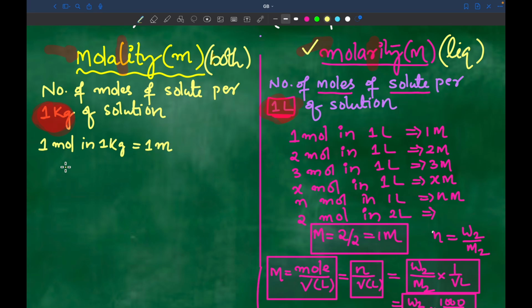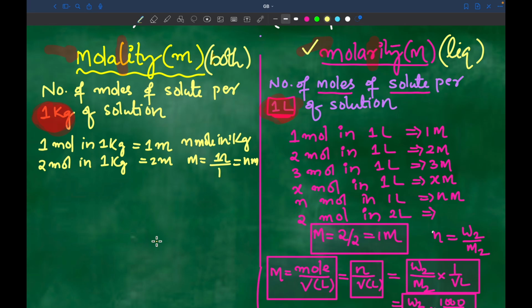We denote it by small m. 2 moles in 1 kg of solvent is equal to 2 molal. If n moles in 1 kg, so molality equals n by 1, which is n molal. So same formula we can write.